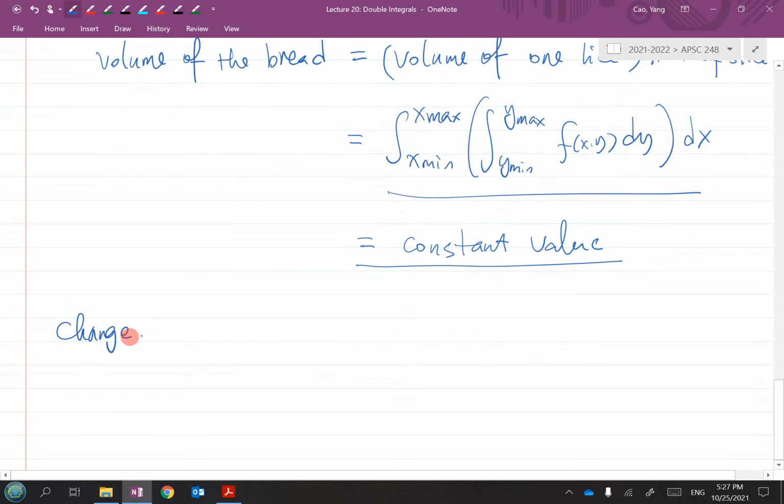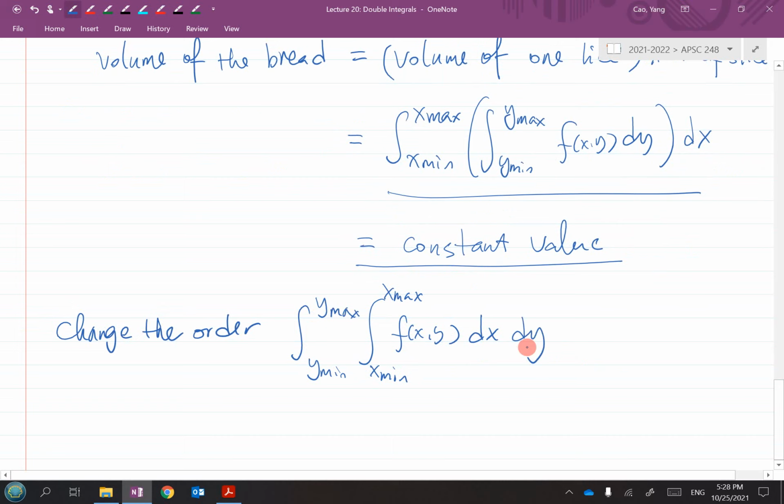It is definitely doable. All you do is, you're still integrating this function, but in the first step you're integrating in the x direction, and then the second step is in the y direction.